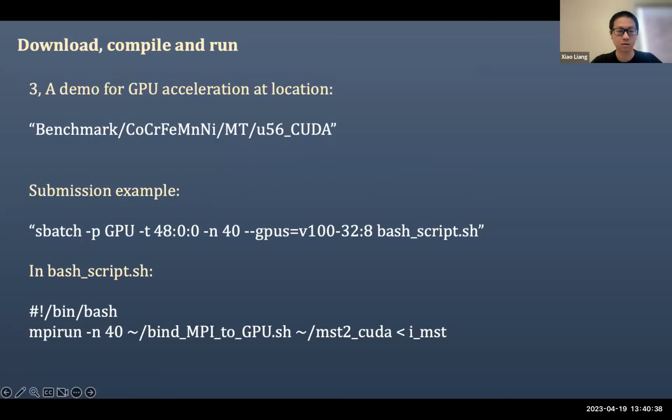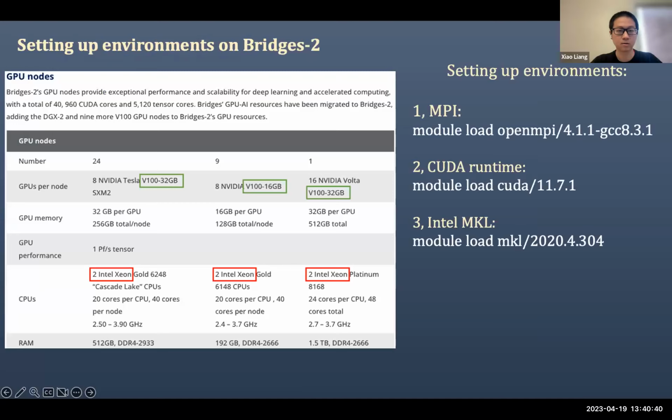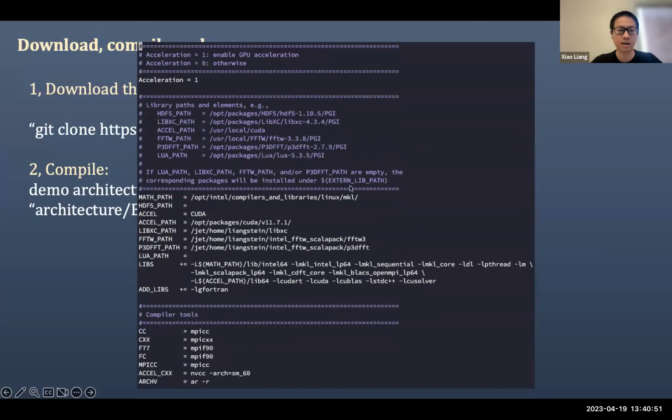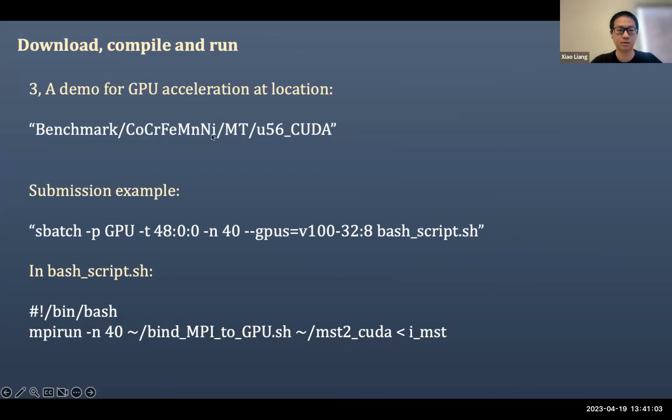Okay. So this is basically the procedure. You download the code, and you edit the architecture file. There is a demo architecture file, and you edit it, linking to the proper libraries, and you compile the code. After you compile the code, you can run the demo. There is a demo in this directory.